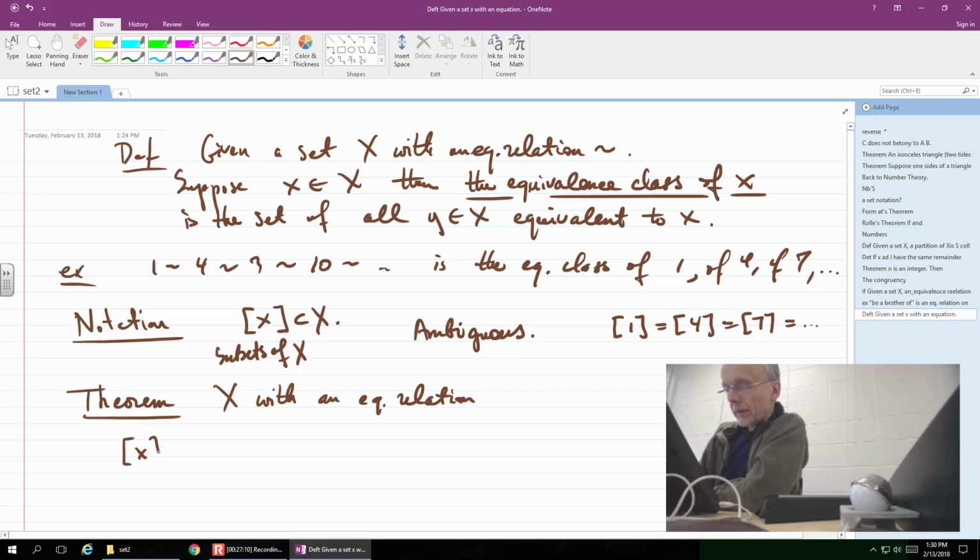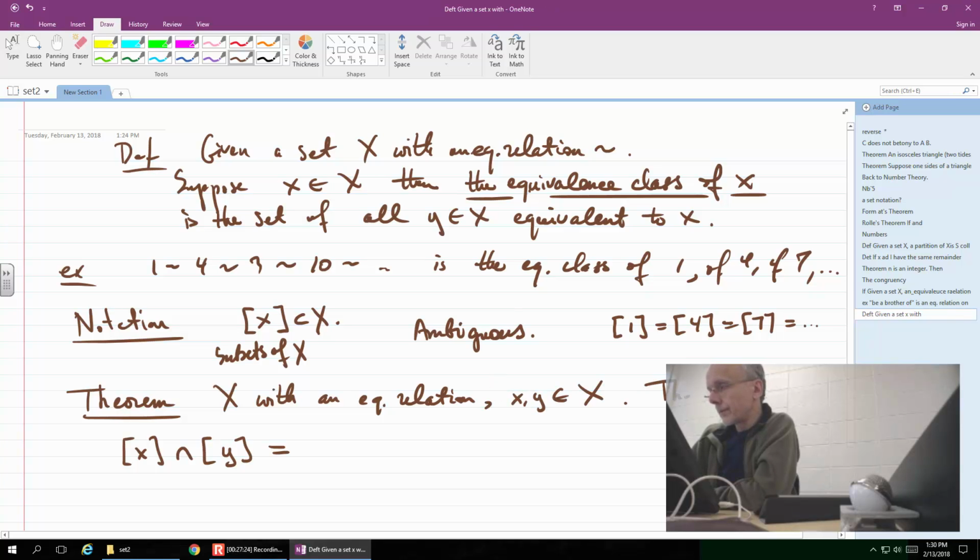We're looking at the intersections of equivalence classes. There is an equivalence class of x, and there is an equivalence class of y. Well, there are only two possibilities. One is empty.